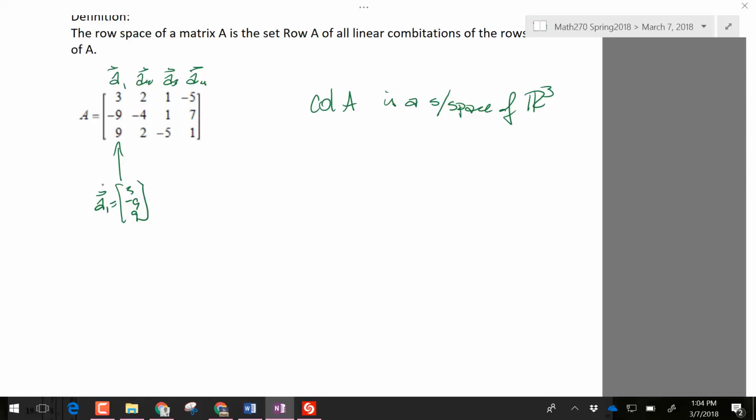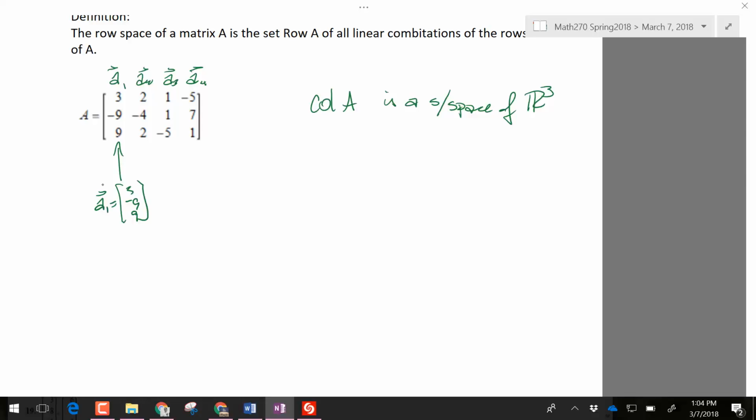So it seems like we want to be able to say something more, right? Do you understand our question? That's an important aspect to look at. There are 4 vectors. We're in R3. Are we guaranteed that this is going to be a 3-dimensional space? The answer is no, because we don't know how many of them are independent. Maybe they're all scalar multiples of each other, and this is only a 1-dimensional space.